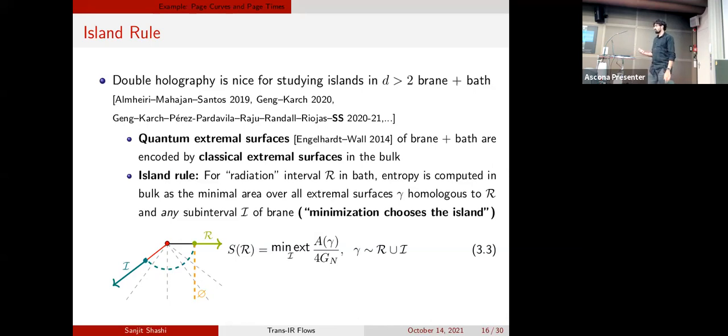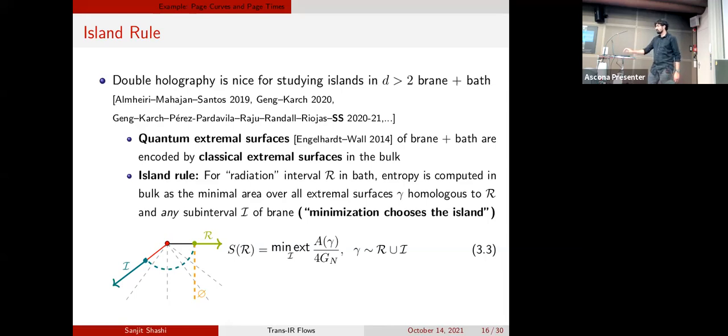Now, I would actually consider surfaces which aren't just homologous to R, but are homologous to R union some intervals on the brane, and I would minimize over all of those surfaces, minimizing over the interval on the brane as well. And that includes possibly the interval being the empty set.